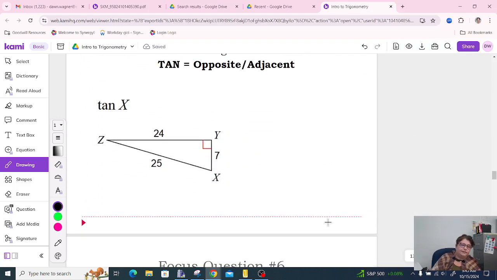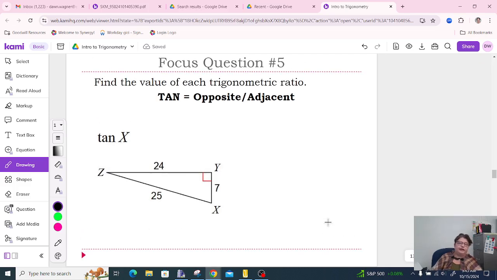Okay, just a couple more practice on this, and then we're going to actually use it. Okay, where do I put my finger? I put it on X. I'm going to label. 24 is opposite. Yep, because I cross the street as opposite. I label the hypotenuse. Hypotenuse is always across from the 90. And then I have my adjacent is the 7.